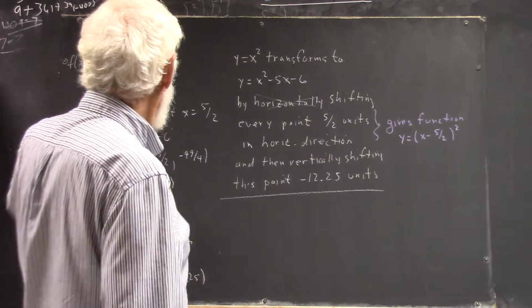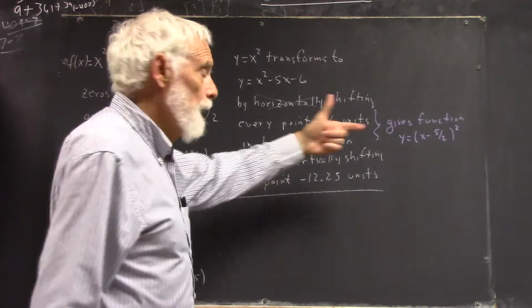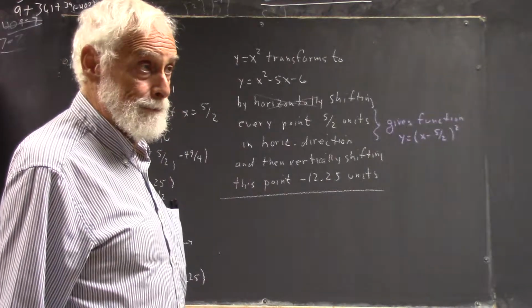In other words, we take x and we replace it by x minus 5/2.